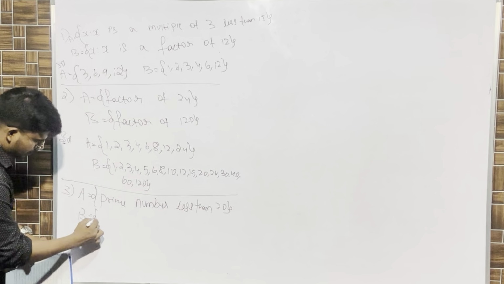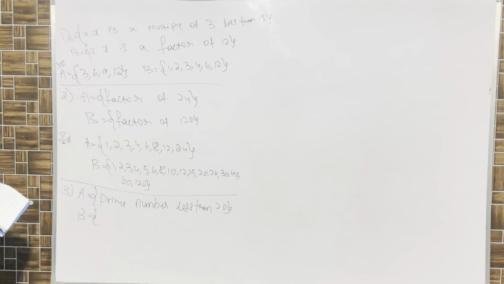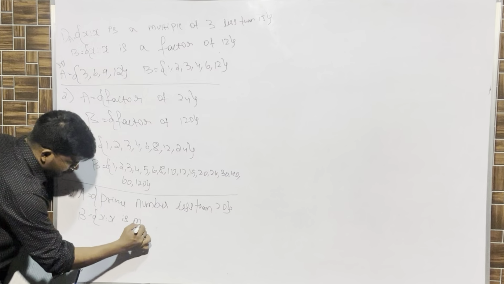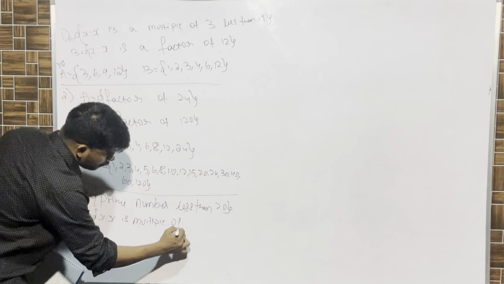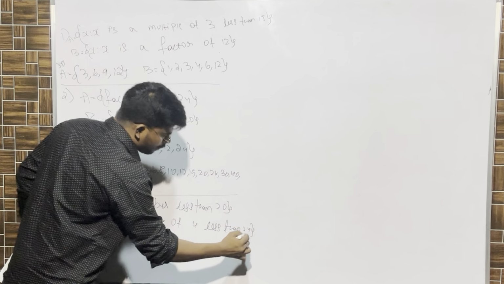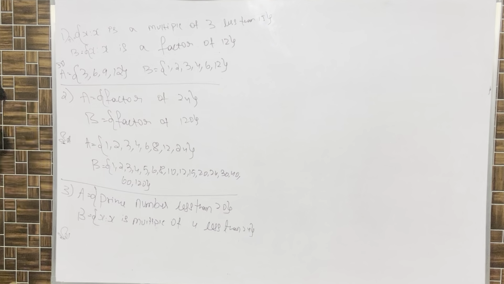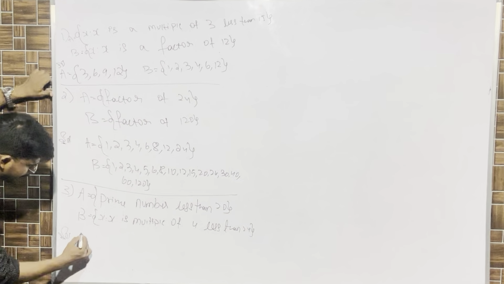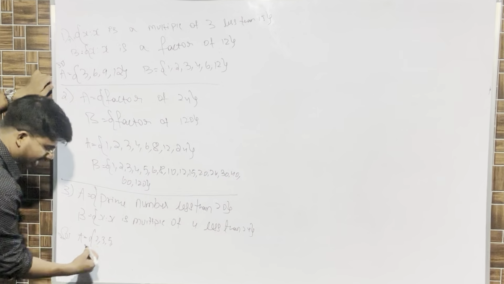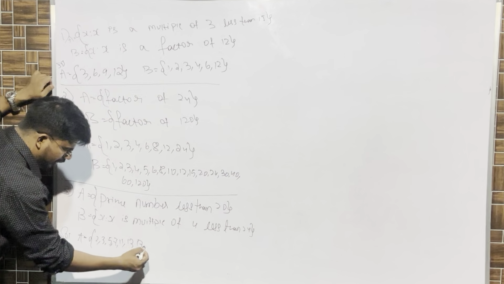Next, B is a set. X is a multiple of 4, less than 24.